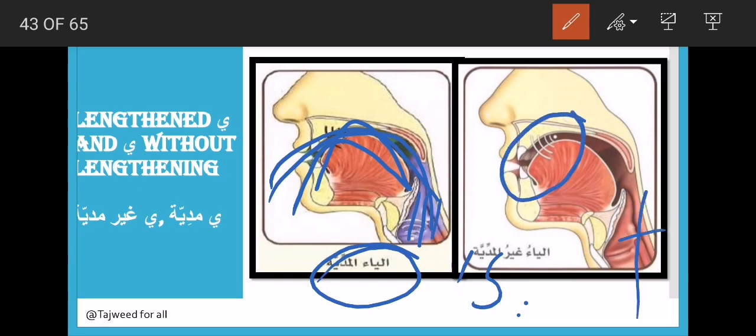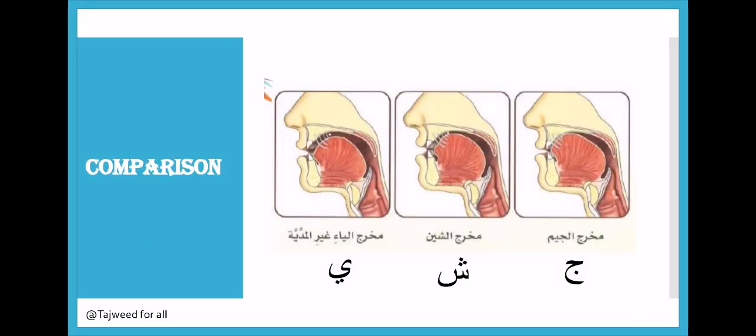We will not use the jawf. Don't say ya yu, it is wrong. There you have to use the proper makhraj of the letter ya, yi, yu, the same area that you use for the letter sheen. But for the madiyya and for the lean, you will slightly use the jawf also. Hope it is clear for you.